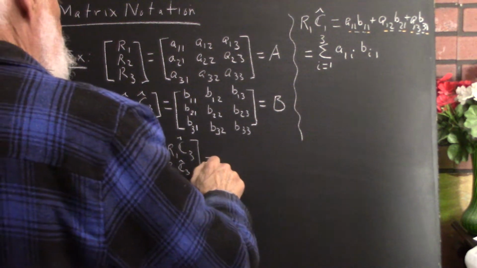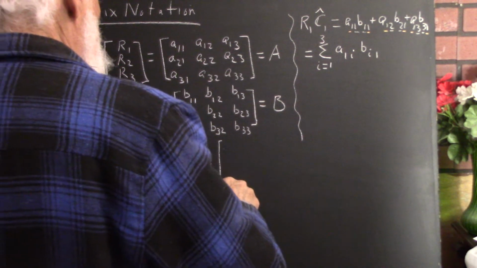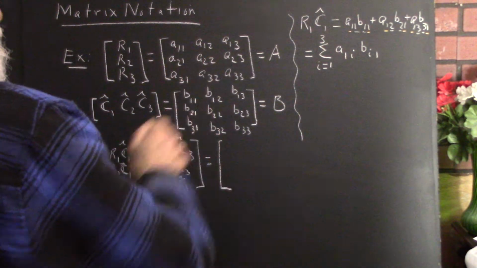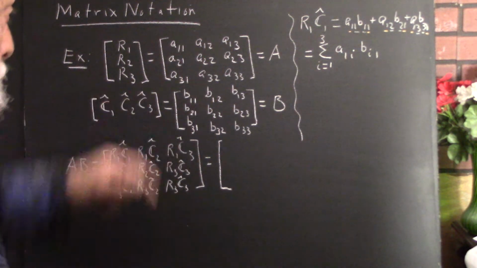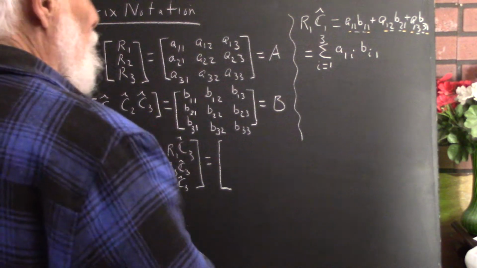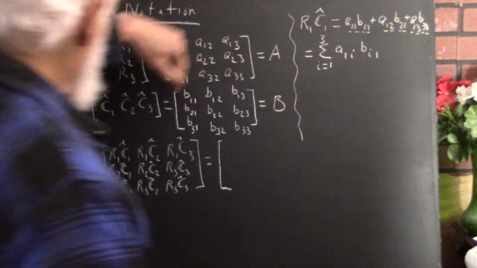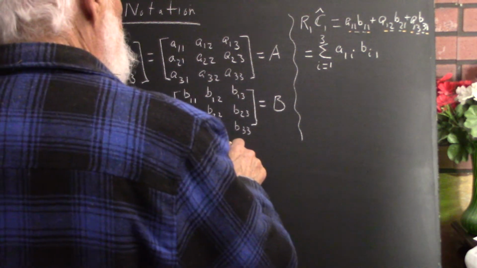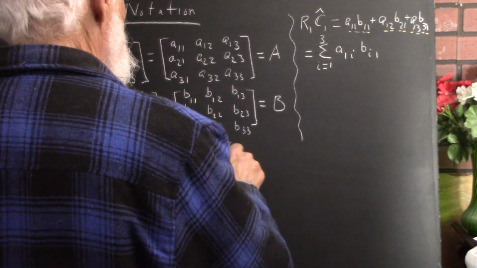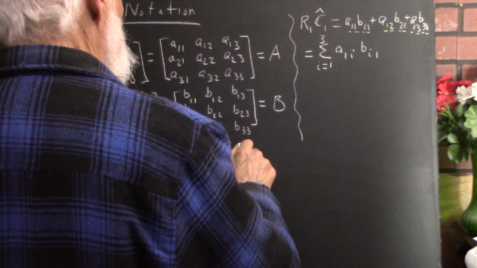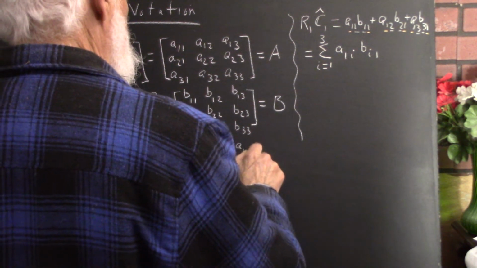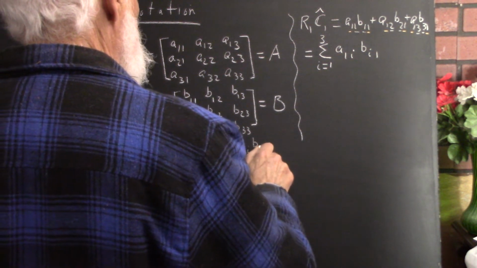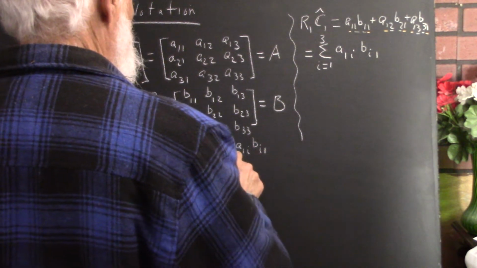And when we write the product in terms of these symbols, we can write then the number that goes in the first row and first column as the sum of A1I, BI1.